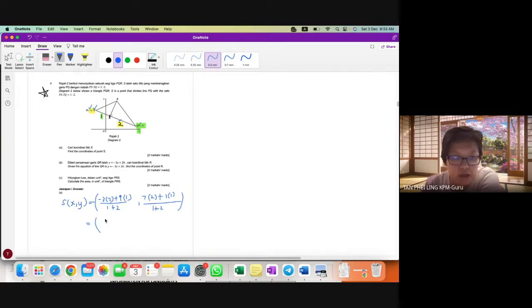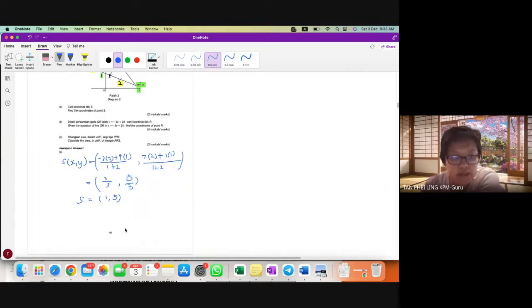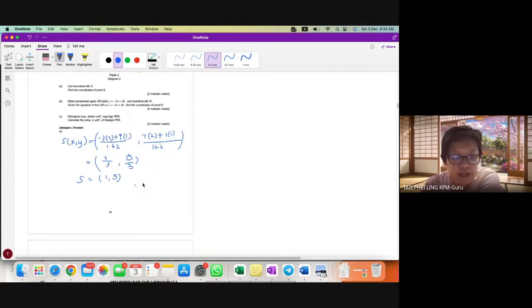You have 3 over 3. Here will be 14 plus 1, 15, divided by 3. Okay, so with that you have 1 comma 5, and that is your S. So you can write down here, hence your S is (1, 5) as a final answer.